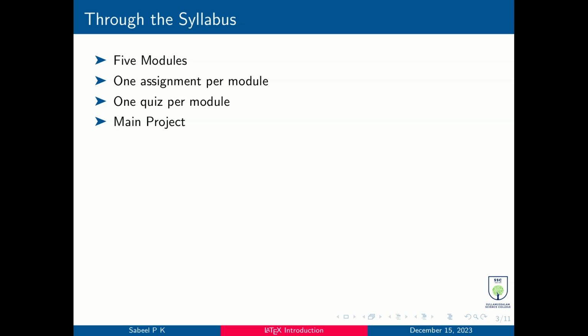By preparing that research journal, you will get a clear picture about how LaTeX works and how to make a simple document through LaTeX. So that's our procedure. We can go through each module itself.